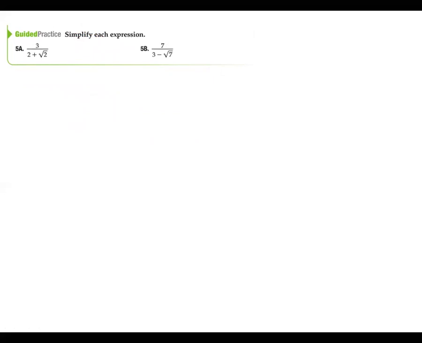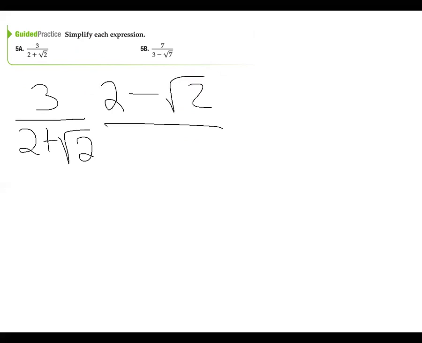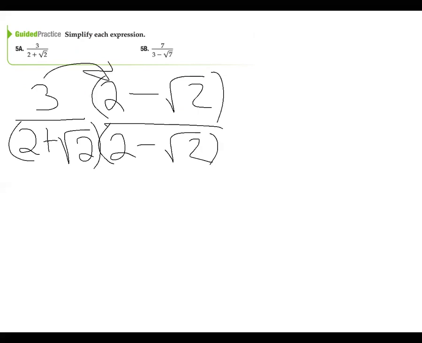All right, we're back. So the first one, the conjugate is formed by multiplying by 2 minus square root of 2 over itself. I like to put parentheses around everything. So the 3 distributes, and you would have 6 minus 3 root 2.